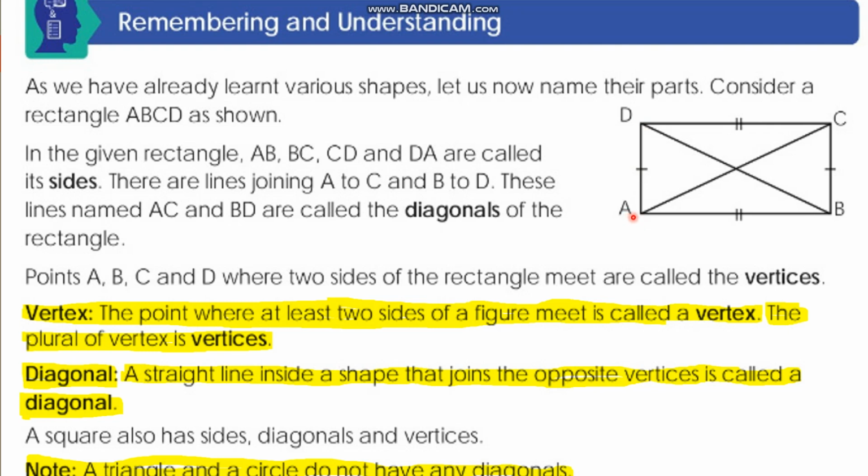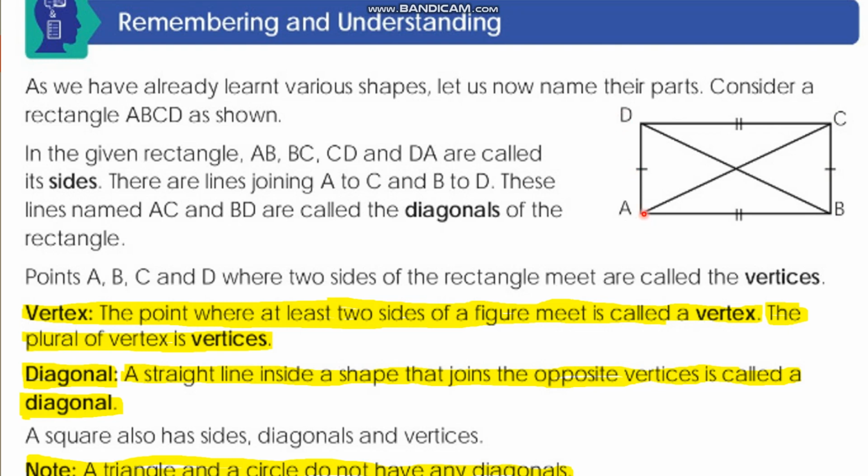Okay. So we can name this side as AB. This AB shows this side. Okay, and BC is another side, CD is another side, and DA is the other side.